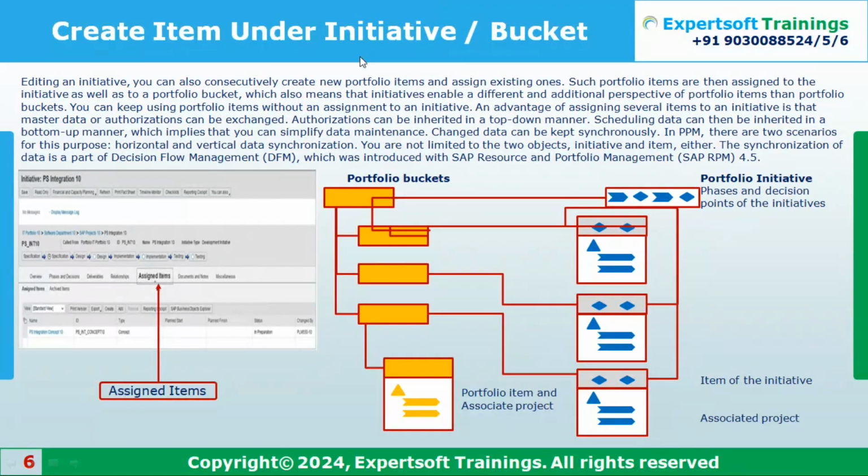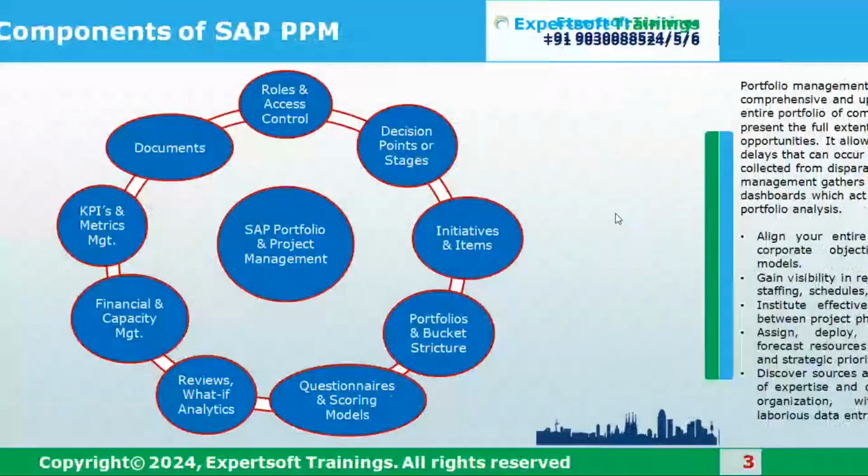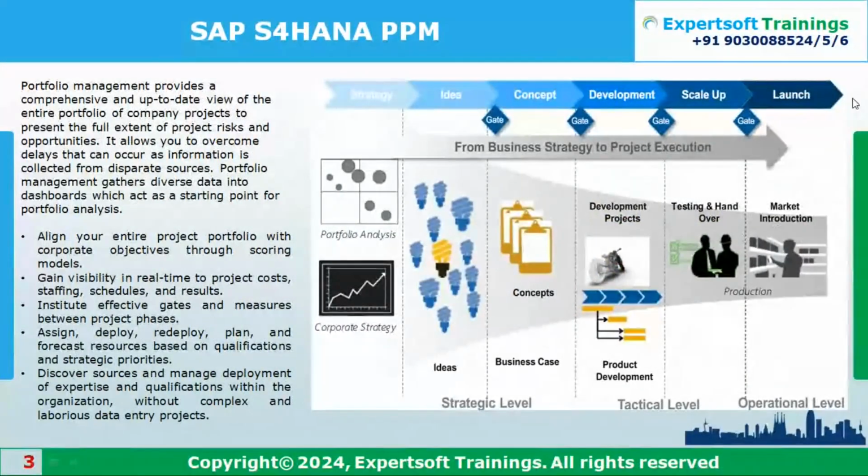If you work with R&D kind of projects, you might create initiatives for each and every phase. If I consider concept or deployment as a phase, under this I may have multiple projects. Under the concept, maybe 4 or 5 projects are linked with some items. Once this concept has been done completely, then I'll proceed to the next level.